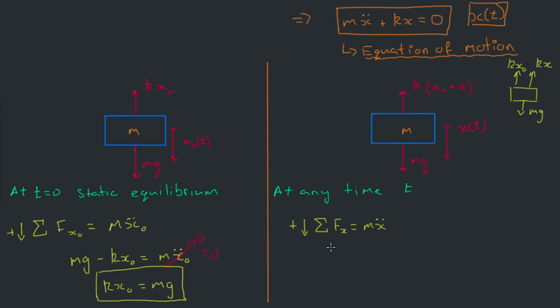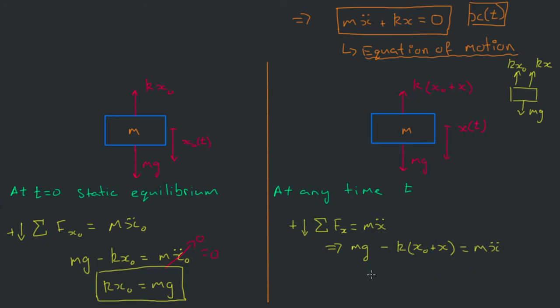So we just do our sum of forces. mg is going down, so that's going to be positive. And now k brackets x0 plus x is going up, so this is going to be negative. And that's just equal to mass times acceleration.